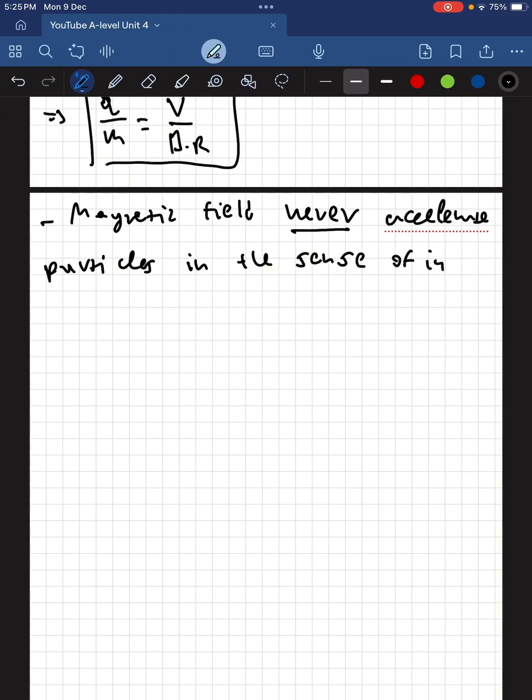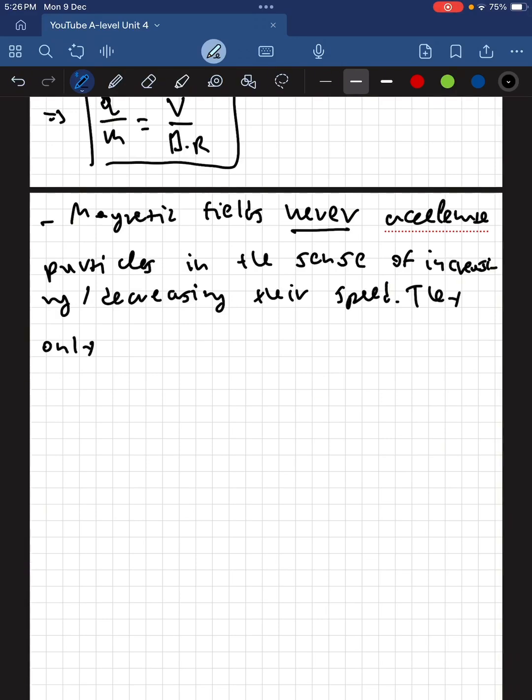So magnetic fields bend particles, they don't make them speed up or slow down.